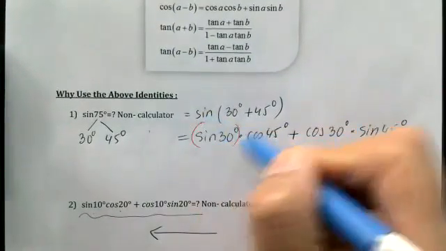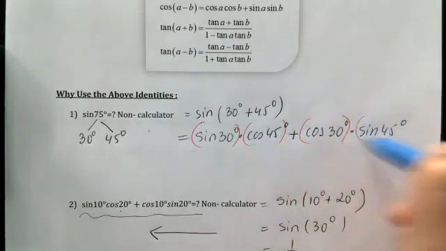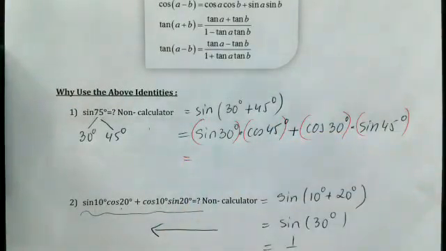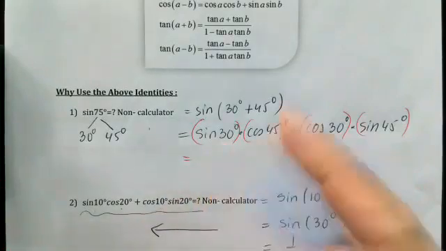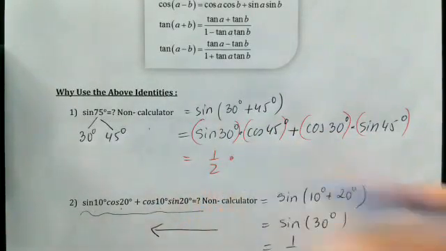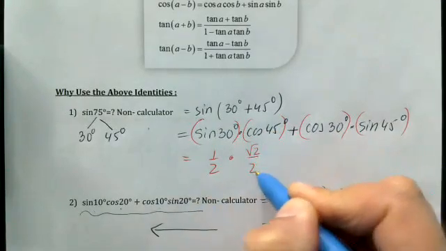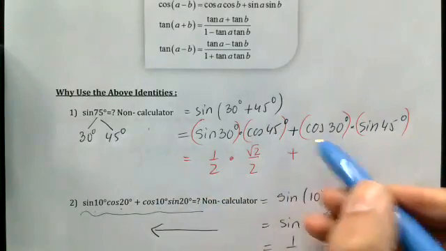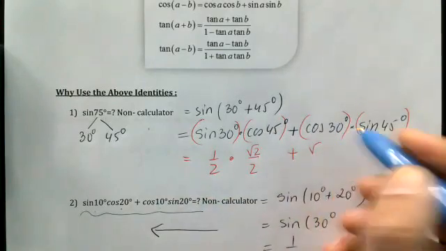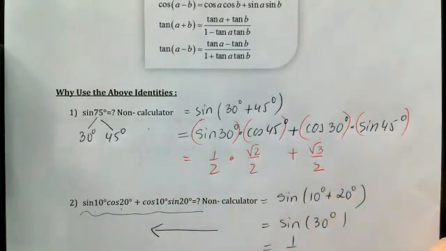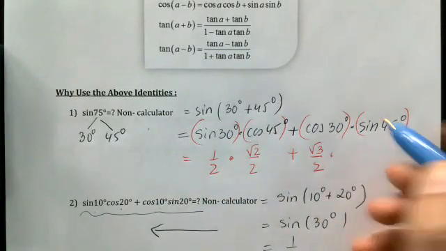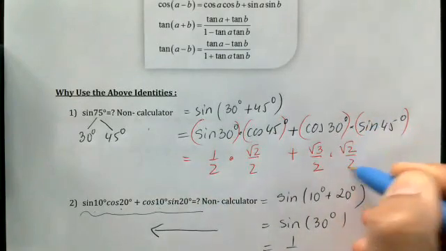Now for every single one of these, just get a value. Sine of 30 is 1/2. Cosine of 45, square root of 2 over 2. Plus cosine of 30 is square root of 3 over 2, times sine of 45, square root of 2 over 2.